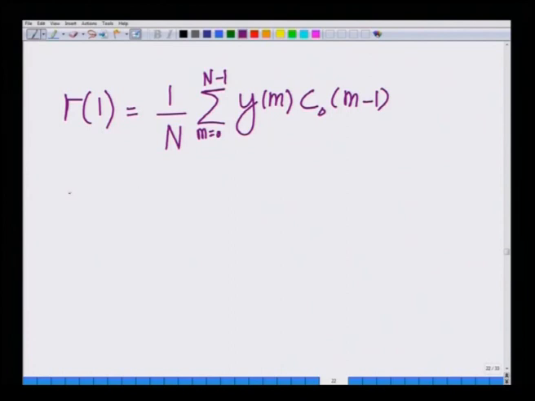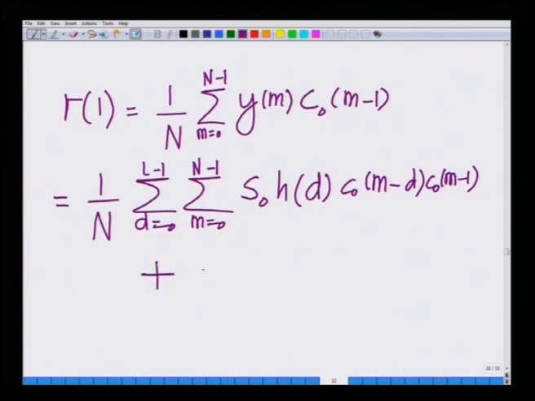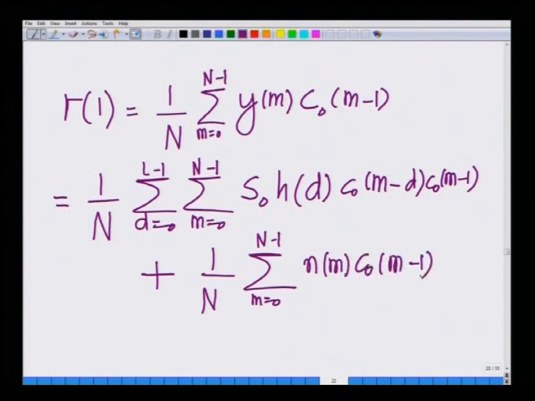That can be written as 1 over n summation d equals 0 to L minus 1, summation m equals 0 to n minus 1, S0 h of d C0 m minus d into C0 m minus 1, plus 1 over n summation m equals 0 to n minus 1 n of m C0 m minus 1.